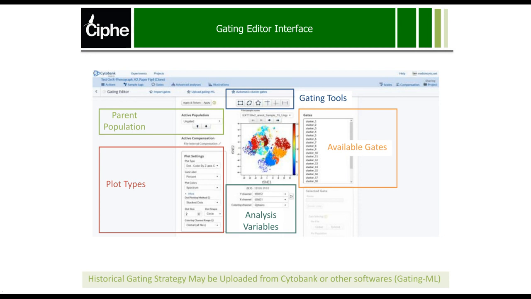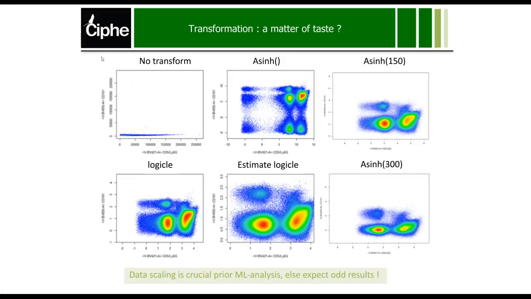We can also use Gating-ML, which is the standard defined by ISAC to allow data curation across different platforms and different software, and is understandable by bioinformaticians using R. It's really key, as it allows you to validate results that unsupervised analysis may have produced against a traditional gating strategy. All this is possible through Cytobank.